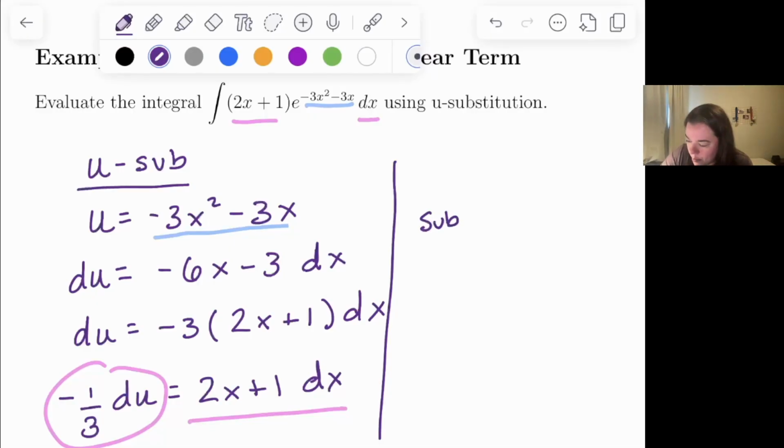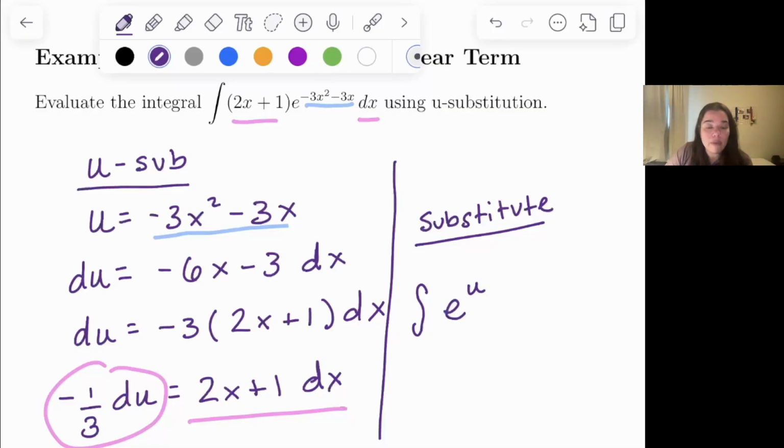I'm going to keep it on the page. Substitute. Let's make that replacement. I am going to have e to the u, right? The underlined blue got replaced by u. And then the underlined pink, the 2x plus 1 dx, is going to get replaced by the negative 1/3 du.